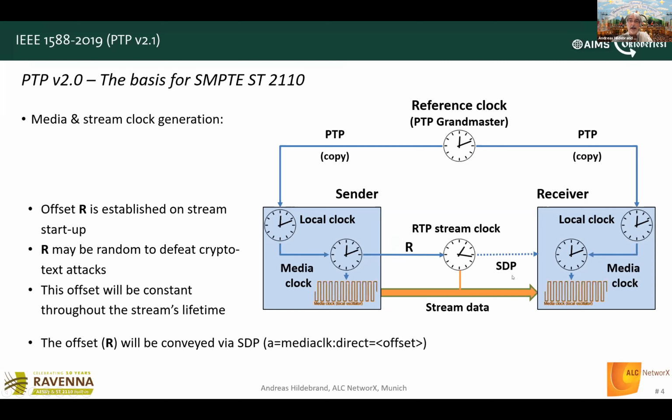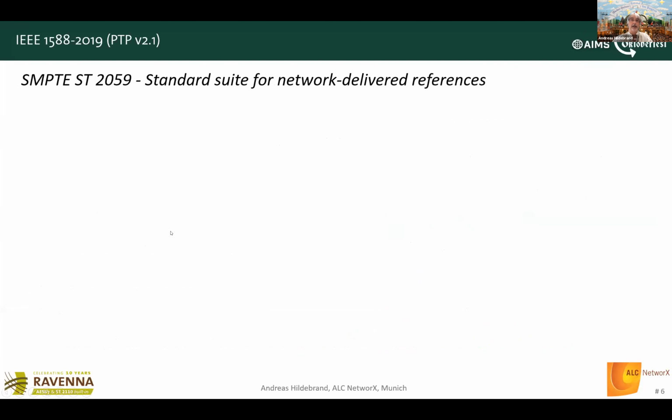That's through means of SDP transfer. And 2110 has the constraint that the random offset R is to be eliminated by lining it up with a 0 offset with respect to the Grandmaster clock or the media clock reference. So that is how 2110 and PTP version 2.0 work in our industry to generate media clocks and synchronize.